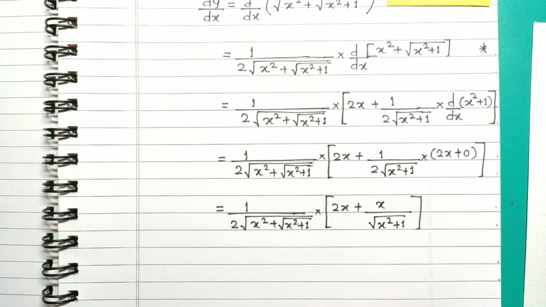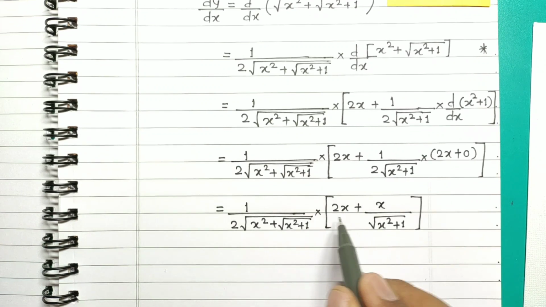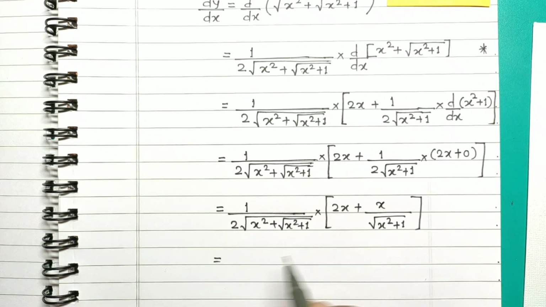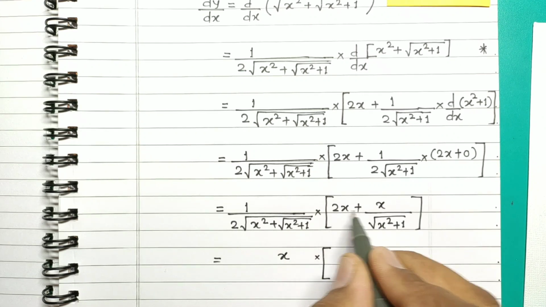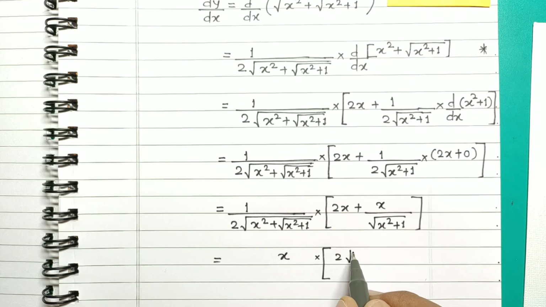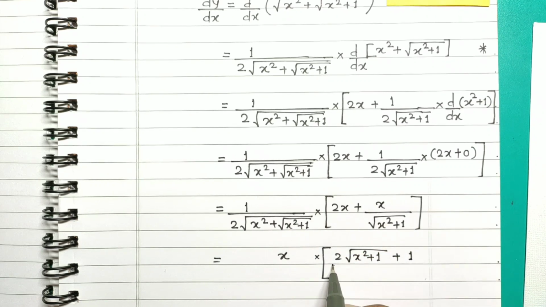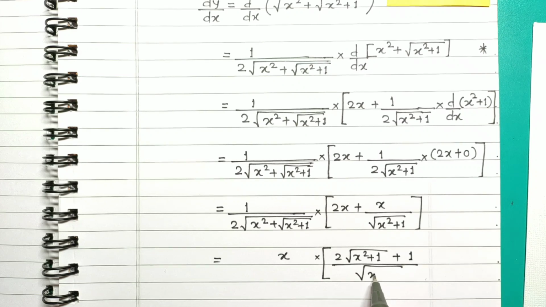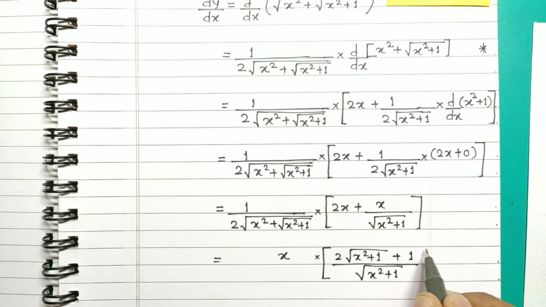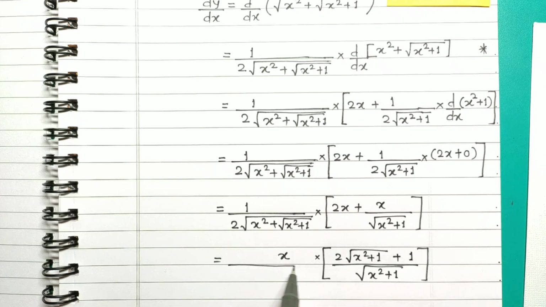Now taking this x common and taking LCM, we have, in this bracket taking x common, 2 into root of x square plus 1 plus, by taking x common, here it is 1 only, upon root of x square plus 1, and this first term as it is, 1 upon 2 root of x square plus root of x square plus 1.